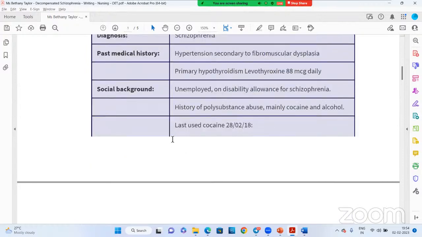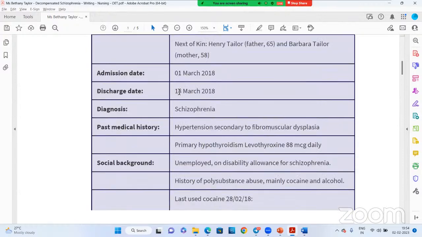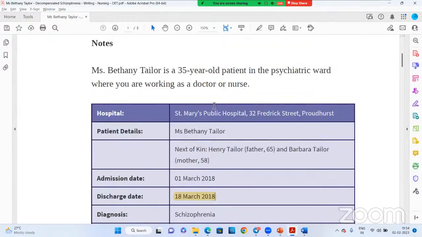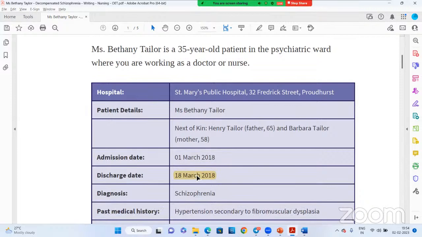Admission date is here, discharge date is here. This is the discharge date: 18th March.